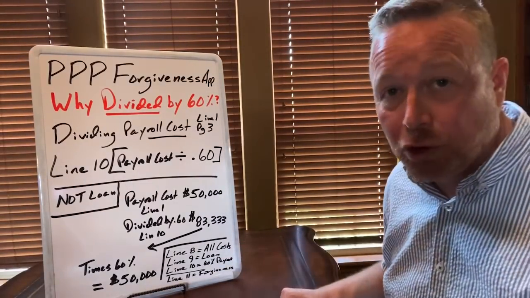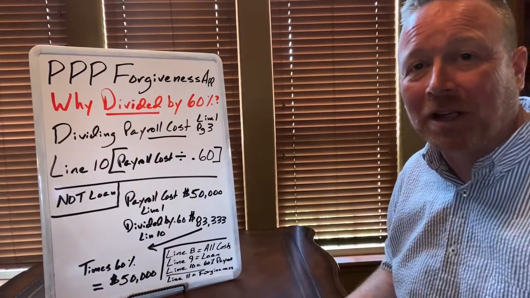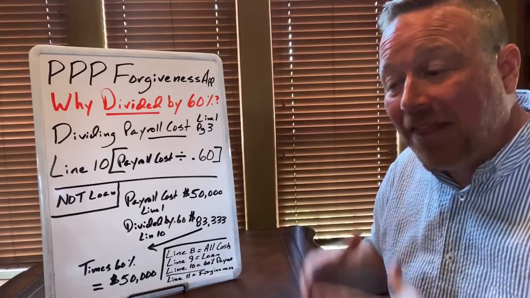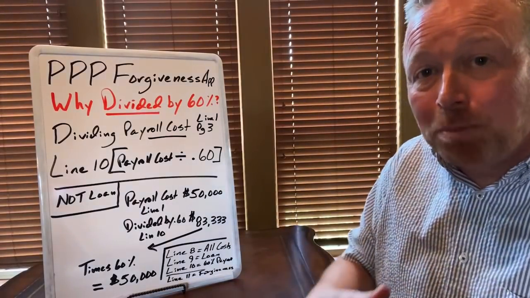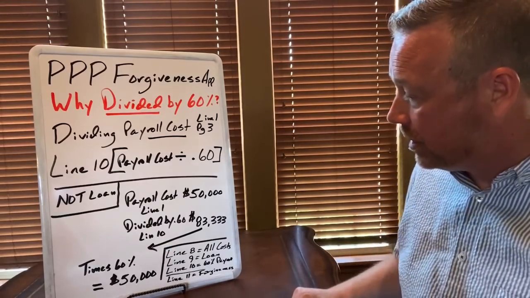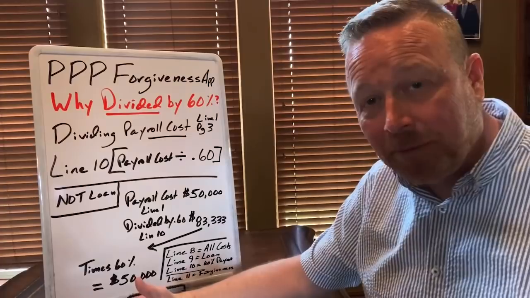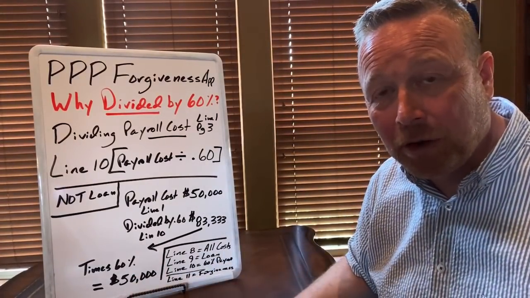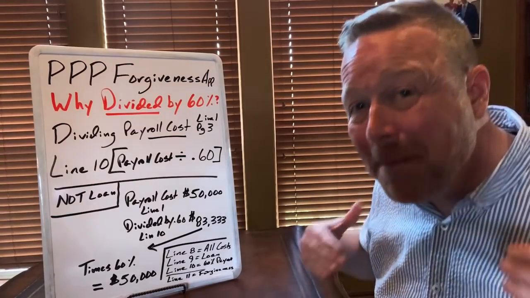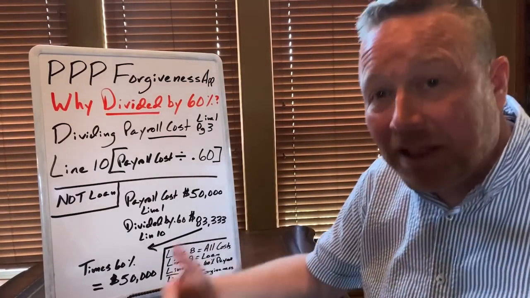Your loan was $100,000 in this example, but the max you can get forgiven is an amount that would include 60% that was spent on payroll costs. So line 10 would be, well, what was your payroll cost? Got to inverse it, got to divide it up. It'd be $83,333. That's the max loan forgiveness in this example. It doesn't matter that the loan was $100,000.